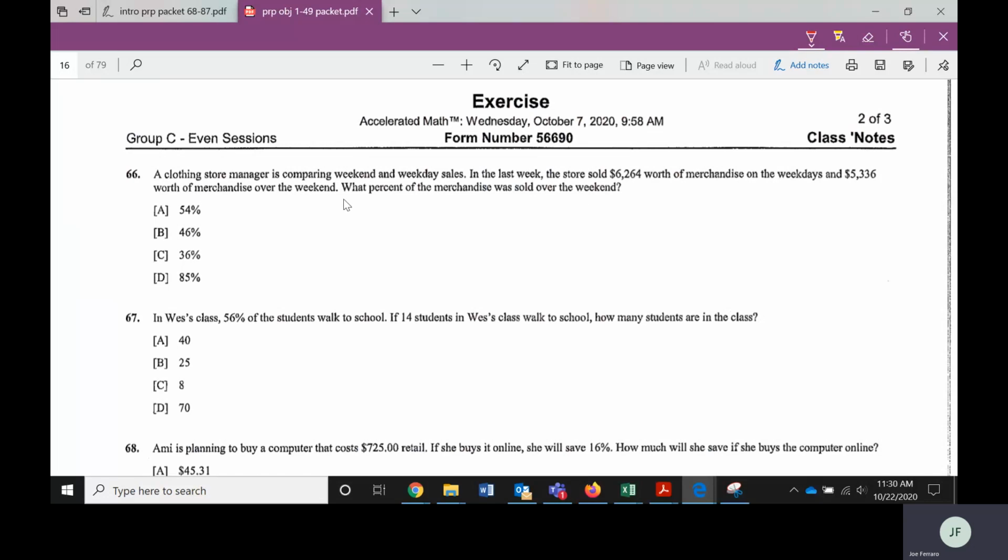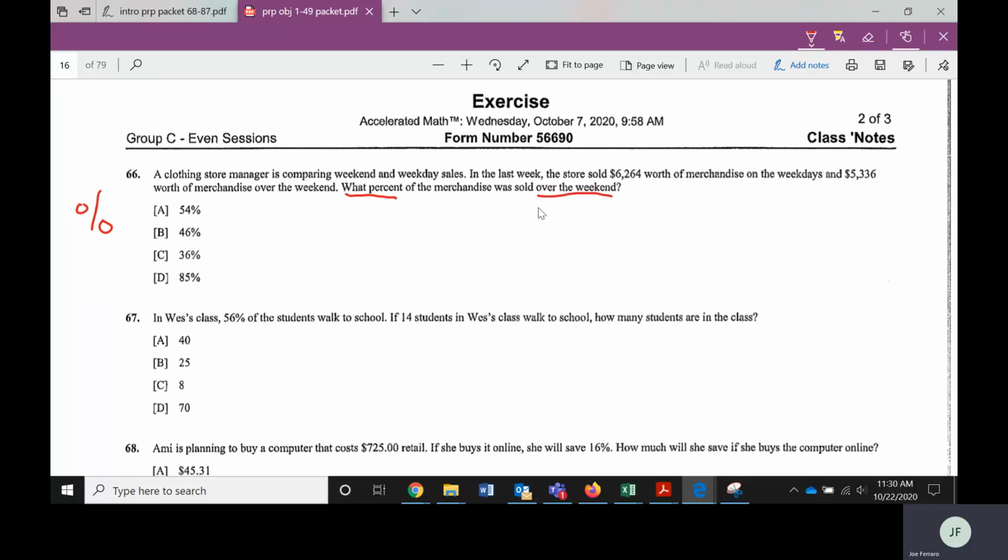So, first thing, question says what percent? So we are looking for a percent. So that's always the first thing to figure out. Now we need to figure out part and the whole. Look at the question. It's looking for how much is sold over the weekend.